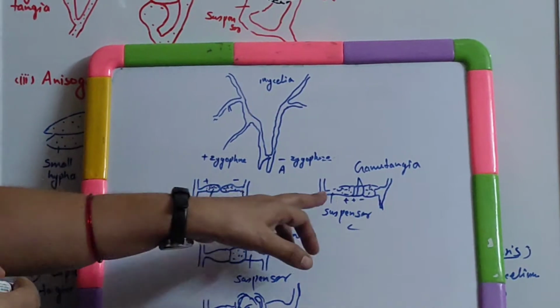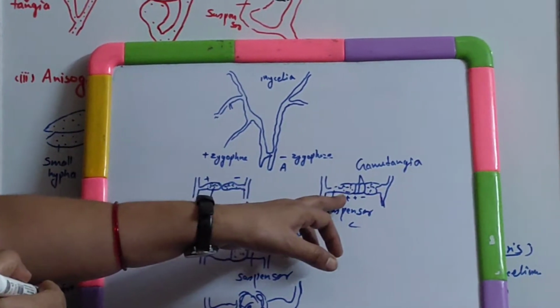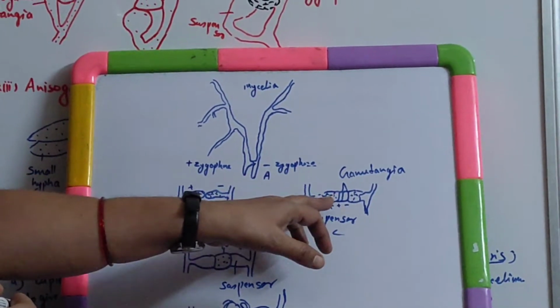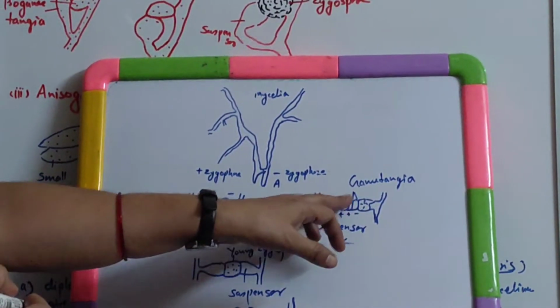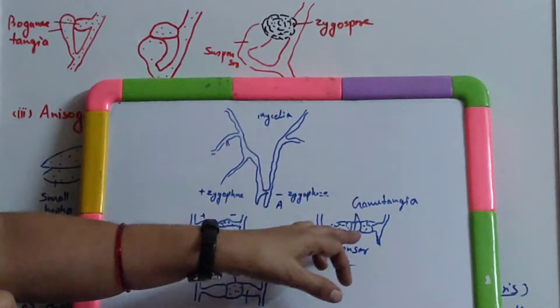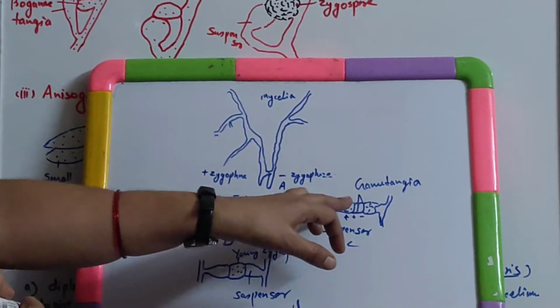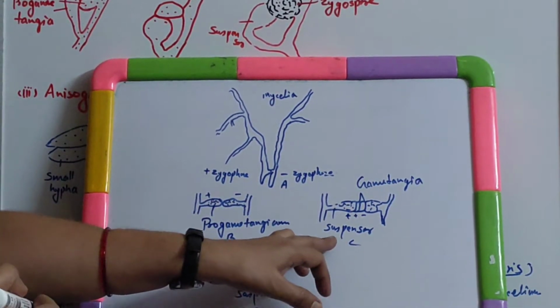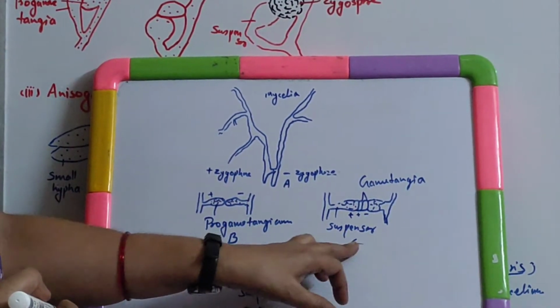Later on, the progametangium is divided into two parts by the formation of a septum, the anterior portion of which is called the gametangium, that is the swollen portion, and the posterior portion is called the suspensor, in both the gametangial branches.